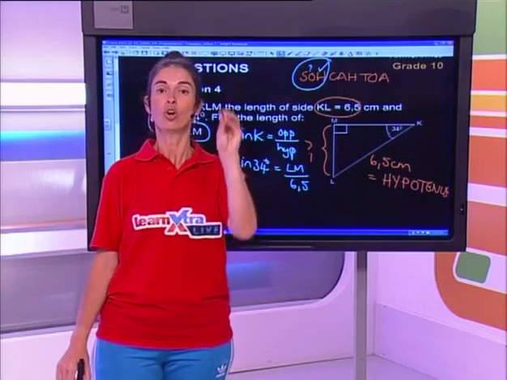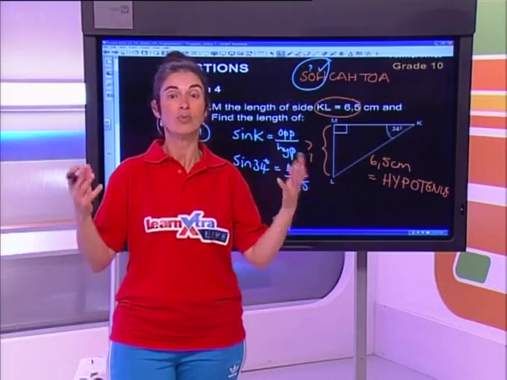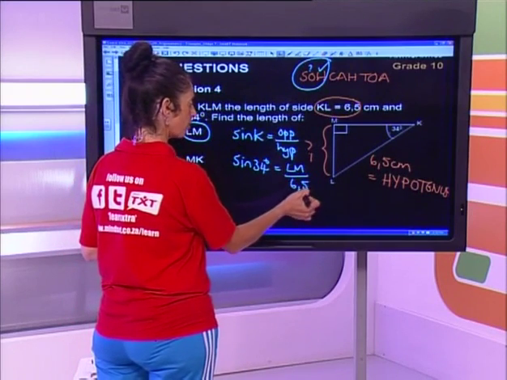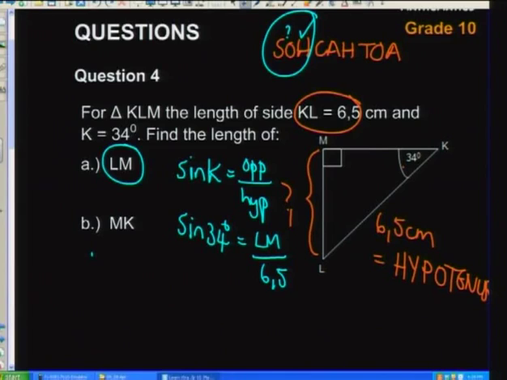We've got a fraction. We want to know what that numerator is, so we're now going to solve for that LM. We're dividing by 6.5, so we're going to multiply by 6.5 on either side. So it's 6.5 times the sine of 34 degrees, which is equal to LM.